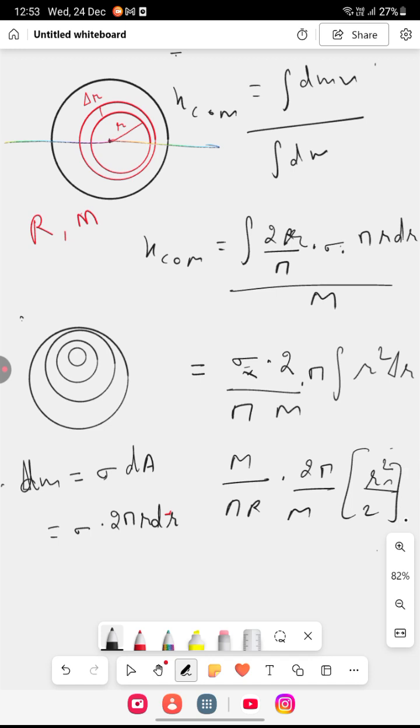We will move from 0 to capital R, solving it, pi to pi cancel, M to M cancel, 2 upon r, r square upon 2, r to r cancel.